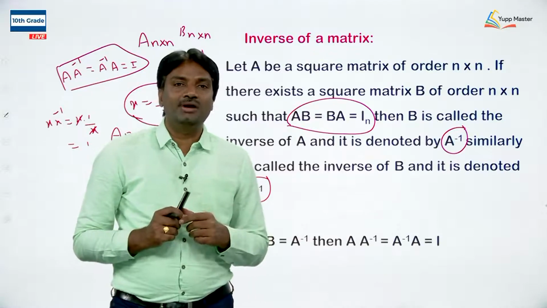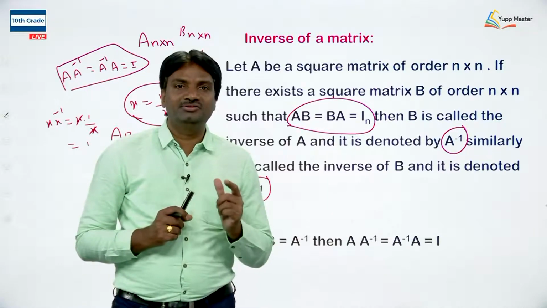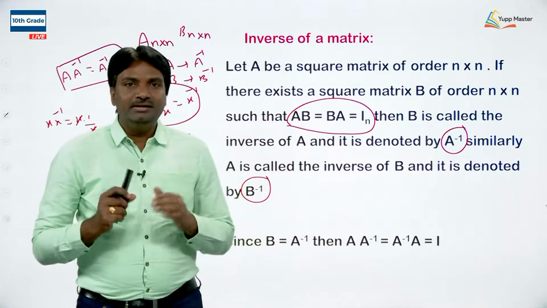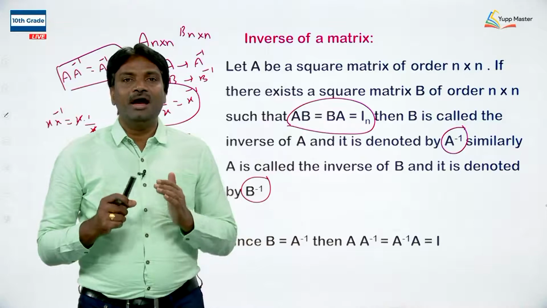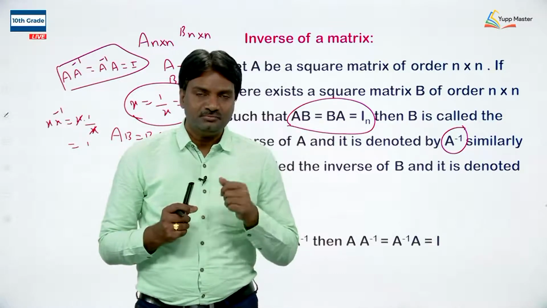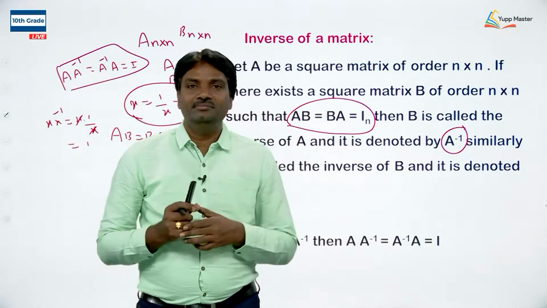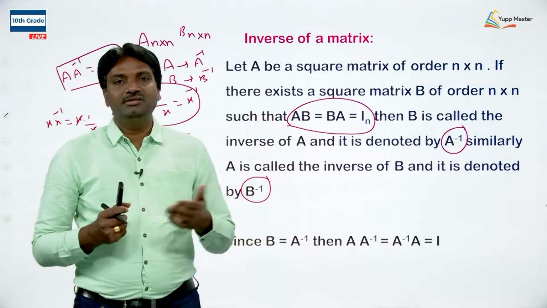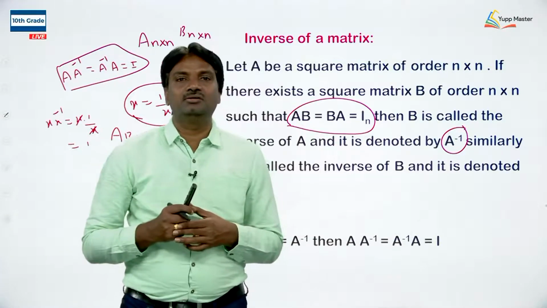Similarly, the inverse of B is denoted by B inverse. If you multiply the given square matrix by its inverse, then you will get the identity matrix I. So, if x is any number, then x into x inverse equals 1. If y is any number, then y into y inverse equals 1.